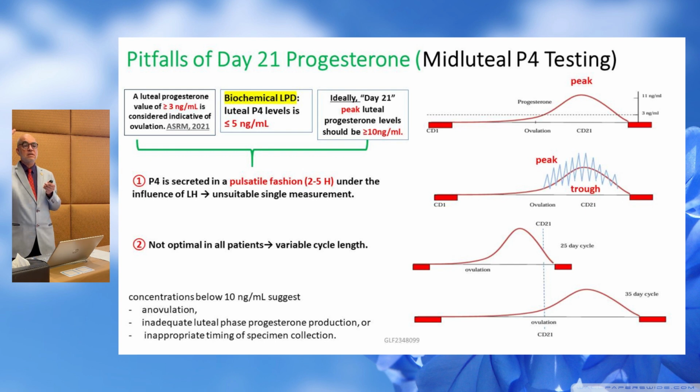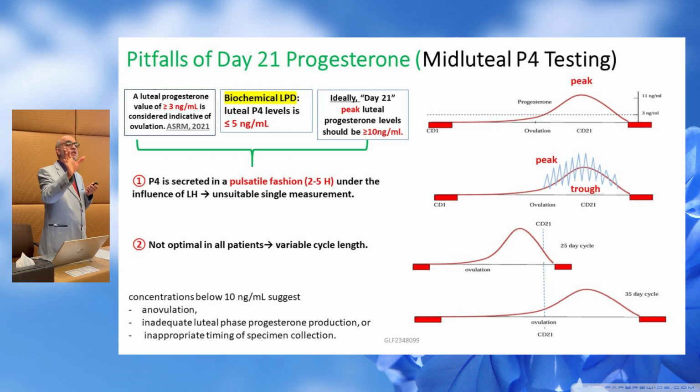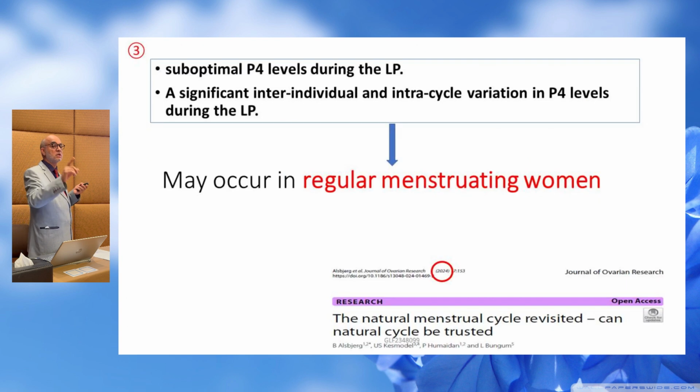There are peaks and troughs of the hormone, in addition to difference in the length of the menstrual cycle of ladies. And importantly to know that in normal, regularly menstruating ladies, some of them will have low serum progesterone despite regular menses, and the length is more than 10 days. And there are inter-cyclic variations and inter-individual variations. So the definition is confusing.